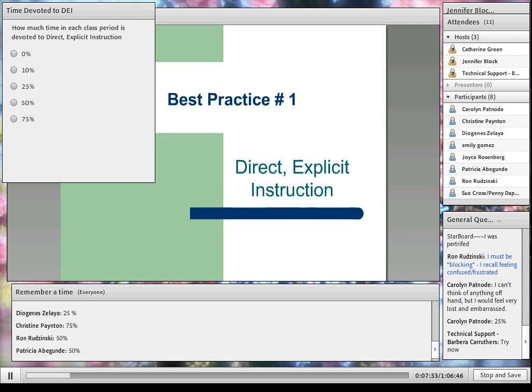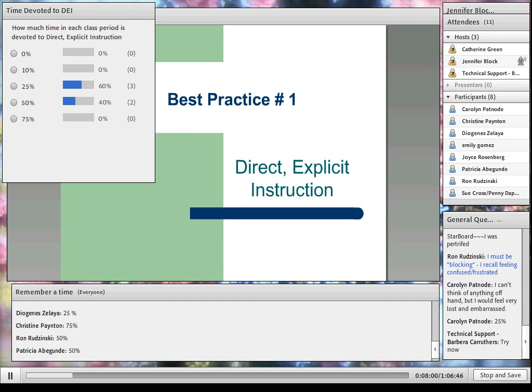Have we finished voting? There are 5 of us. So the majority of people, can everybody see the poll? I think so. The majority of people are spending at least 25% of class time doing direct explicit instruction.